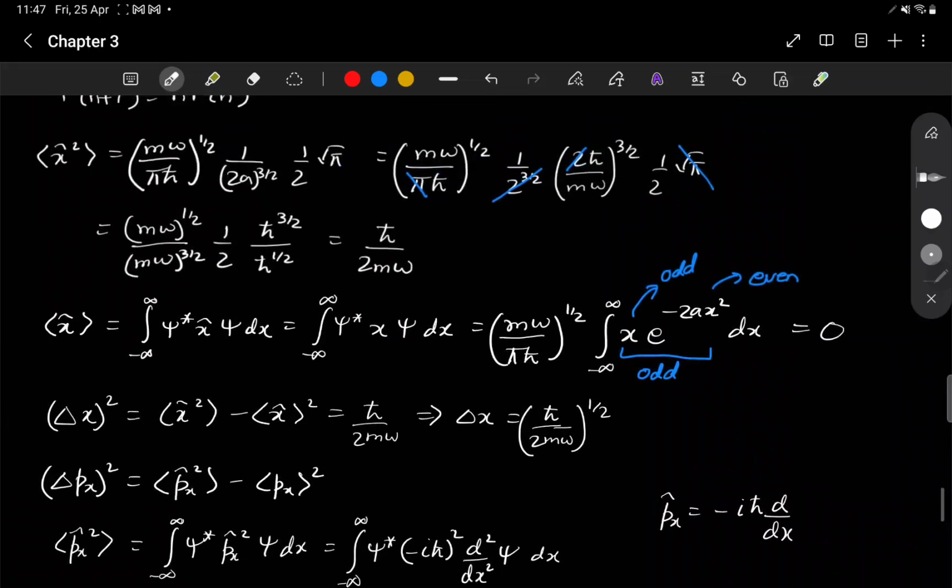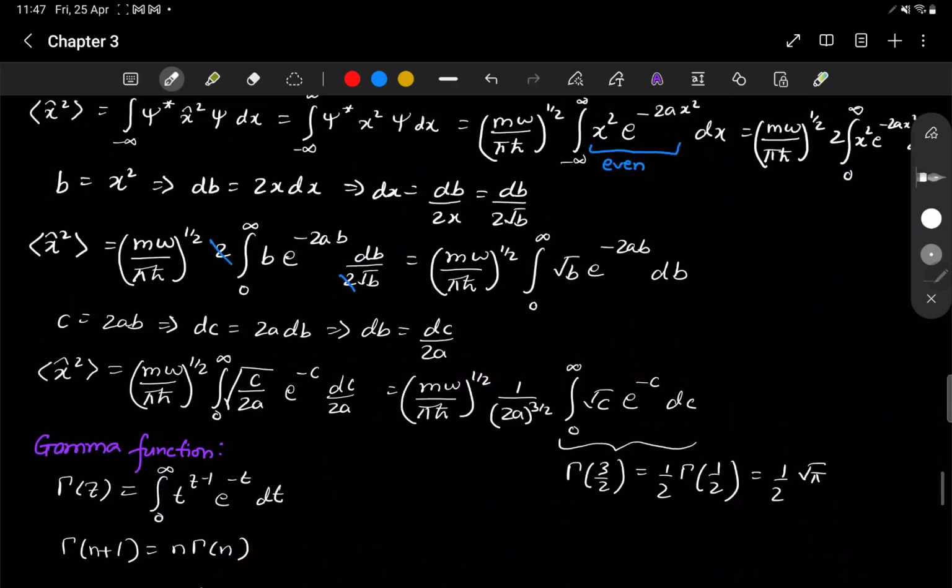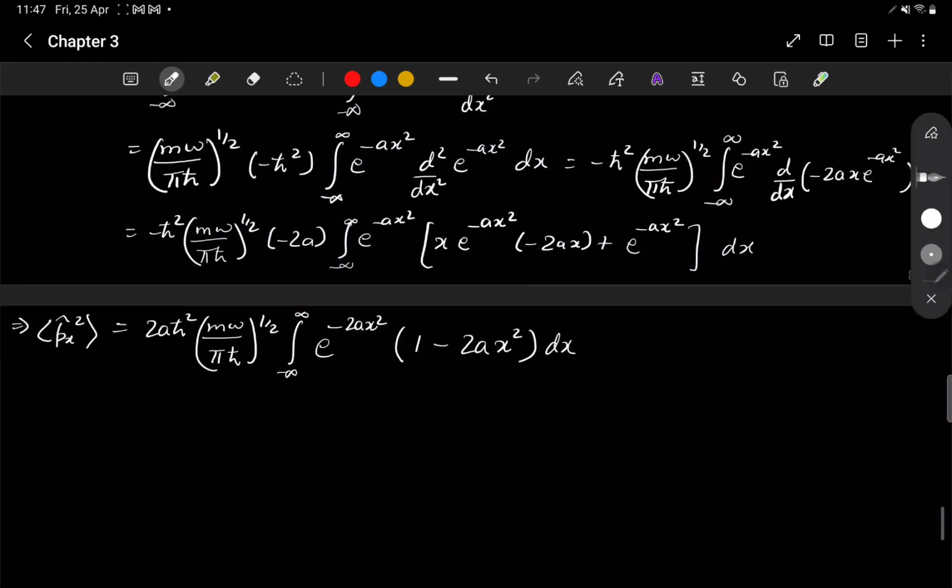Now we'll again make use of the Gaussian integrals and the gamma functions and the integrals that we performed earlier. So let me write it down. This is the first integral.